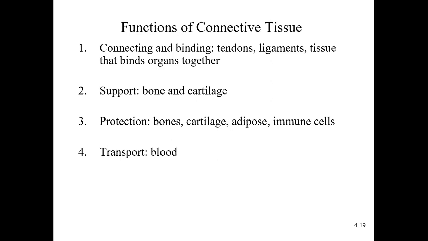It is a collection of cells that work together. So it's a tissue, but it's surrounded by an extracellular matrix. In this case, your blood is actually a liquid. Your blood has a plasma circulating in it, and that's the extracellular matrix that's part of the connective tissue. And so your immune cells are in your blood, and the blood is functioning as transport. These are all examples of connective tissue.